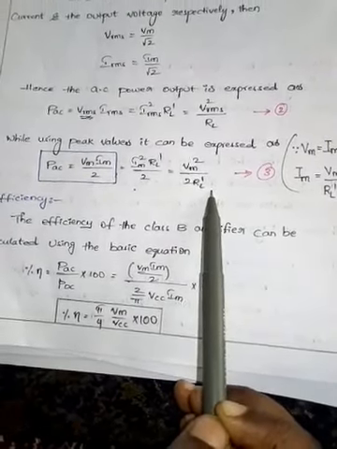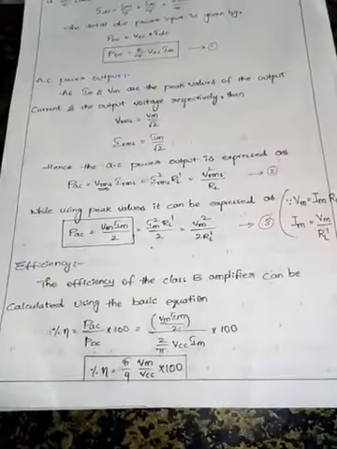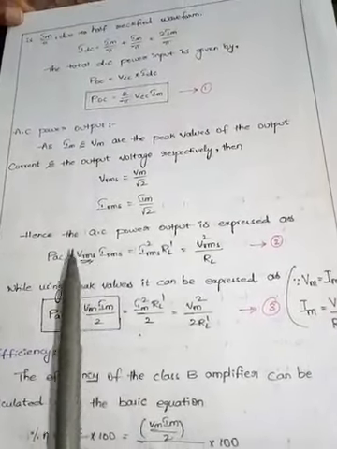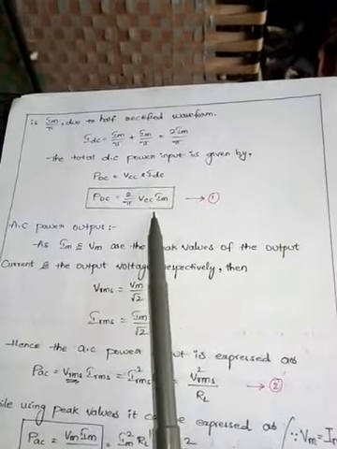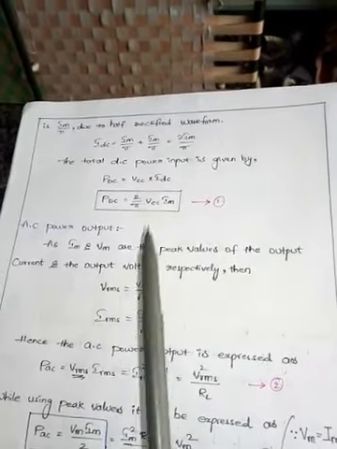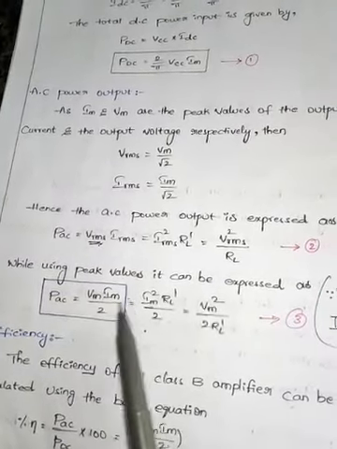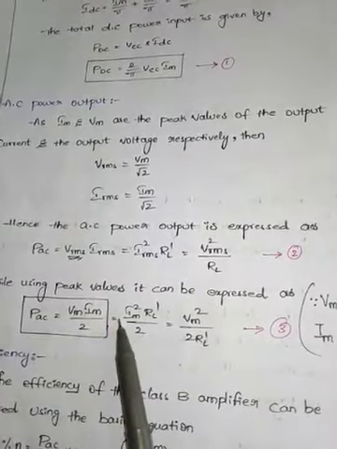Okay, is it clear? Now we got the DC input power value. Now, continuing from the before class, we calculated PDC equals 2 by pi VCC into Im, and we calculated PAC equals Vm Im by 2. So we calculated the DC input power and AC output power.